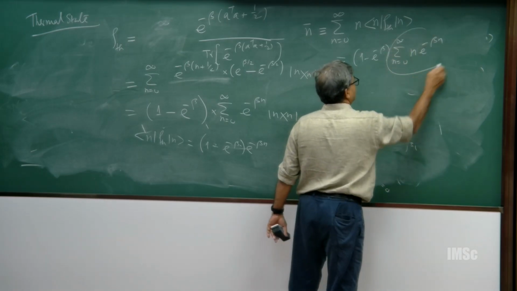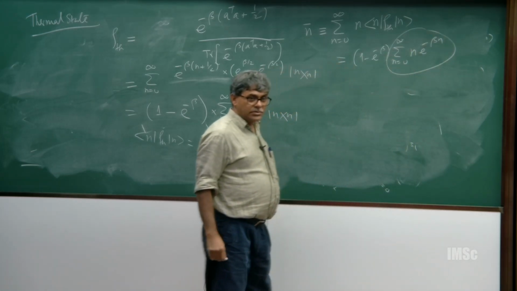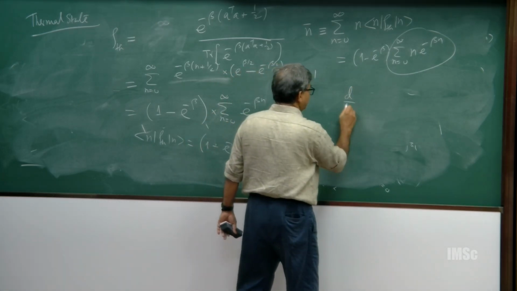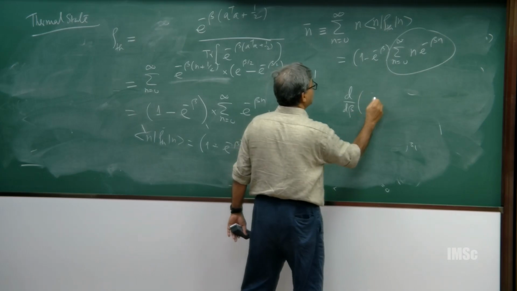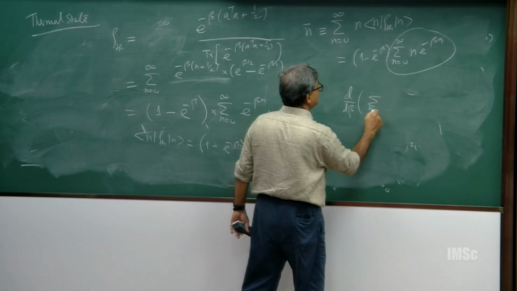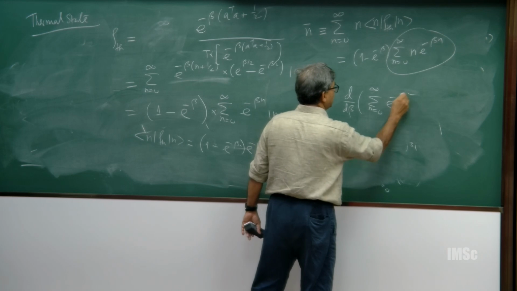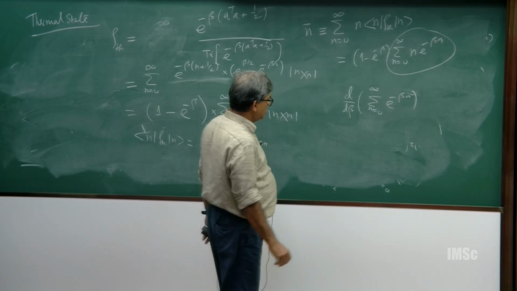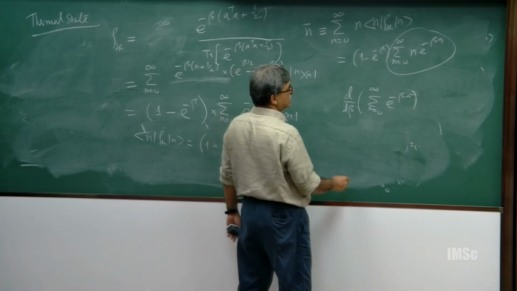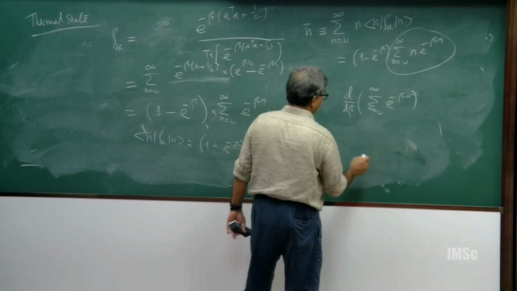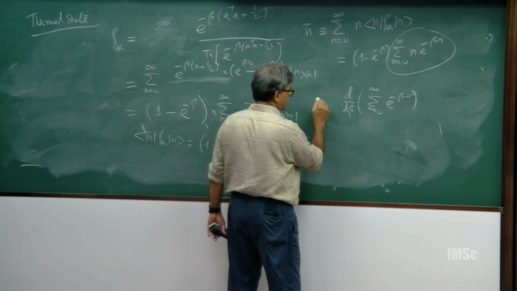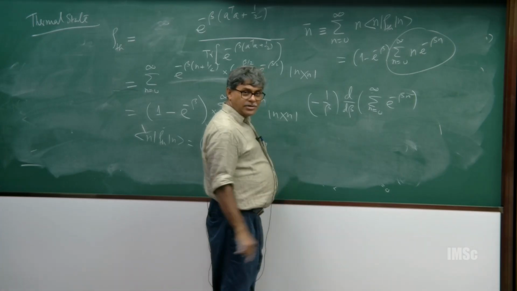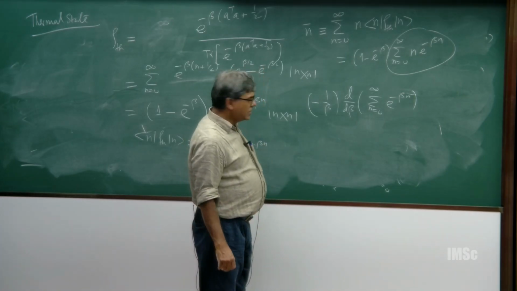This quantity. So, if you take the derivative of the sum over n equal to 0 to infinity of e to the power minus beta n, what will you get? You will get minus 1 by beta... right, is it not?